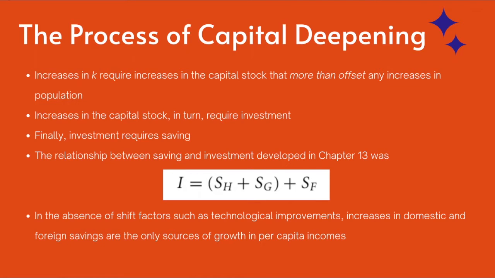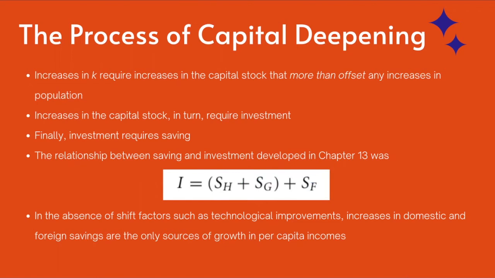The relationship between saving and investment developed in Chapter 13 was like this, in this formula: I equals S_H plus S_G plus S_F, or if we put it in words, domestic investment equals domestic savings plus foreign savings.